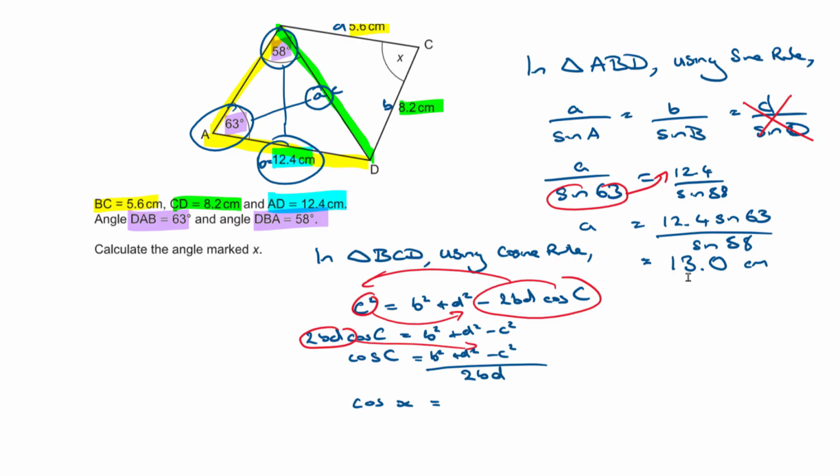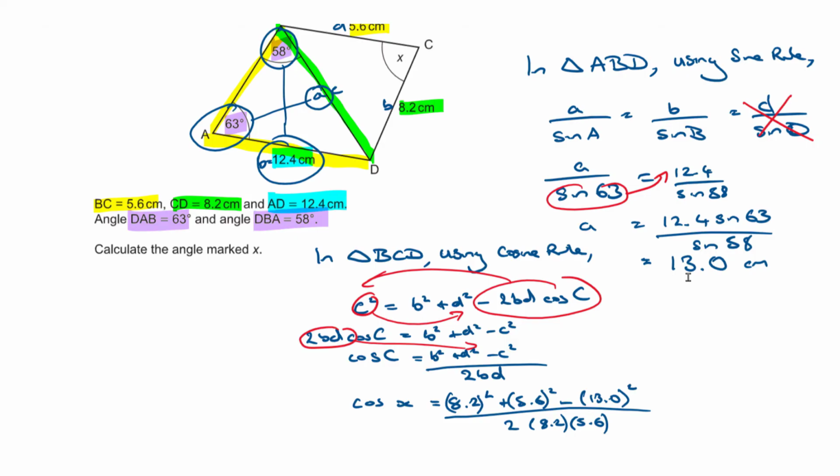Because I want x. So I'm going to replace cos C with cos x. Cos x equals b squared, 8.2 squared, plus d squared, 5.6 squared, minus c squared, 13.0. But remember, it's still stored in my calculator, so I'm going to use the stored value, divided by 2 lots of B, which is 8.2, lots of D, which is 5.6.